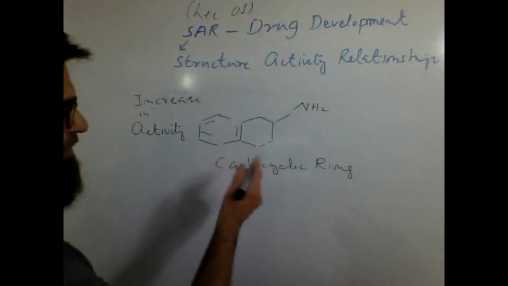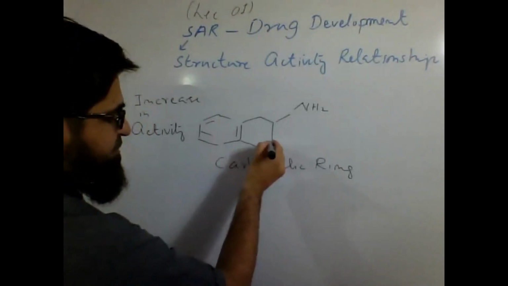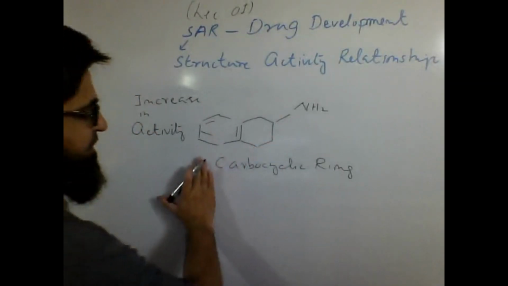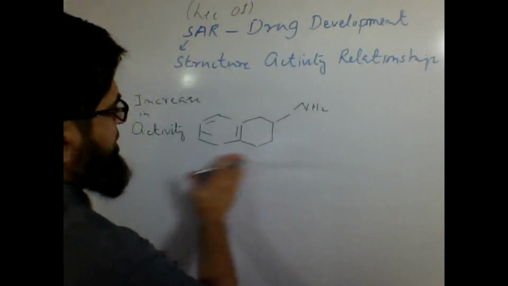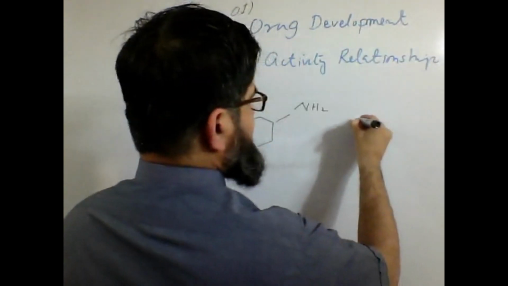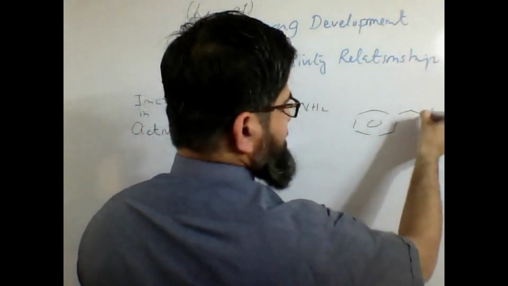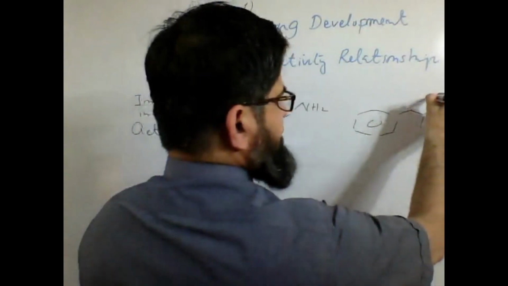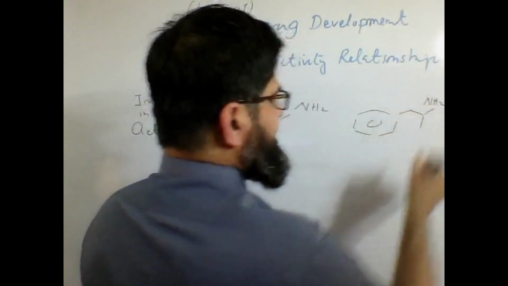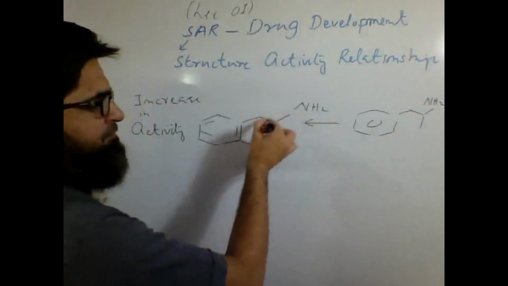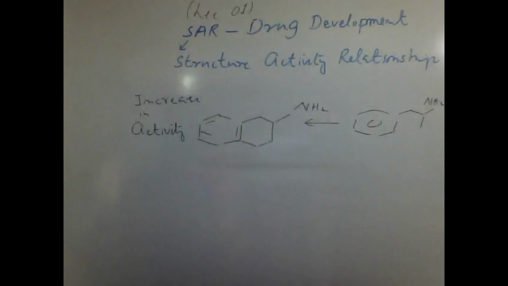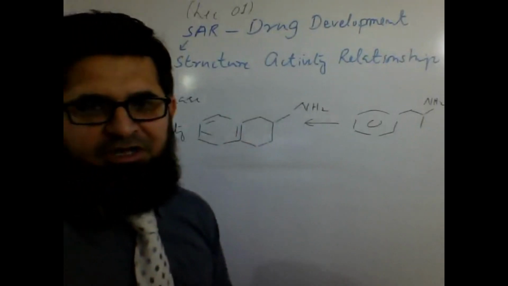Then somebody came up again, people keep playing with the structure. Let me draw the original one again. This is the original amphetamine, and from here this amphetamine with carbocycle was prepared.